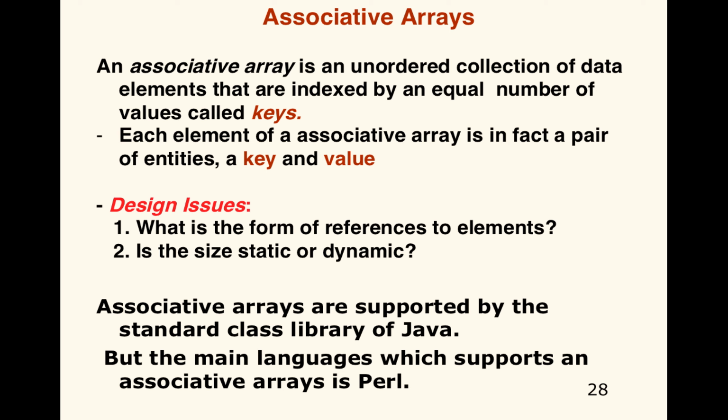We also have the concept of the associative array. Associative arrays are not part of C or C++, but they are part of Python. And we do have them in the Map and also the TreeMap in Java as a supported library.